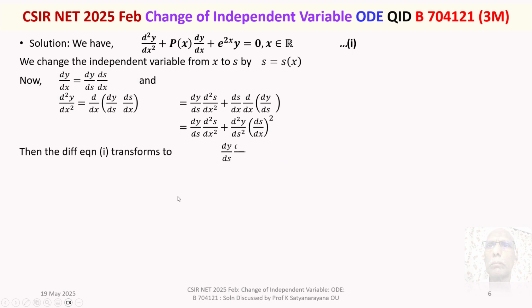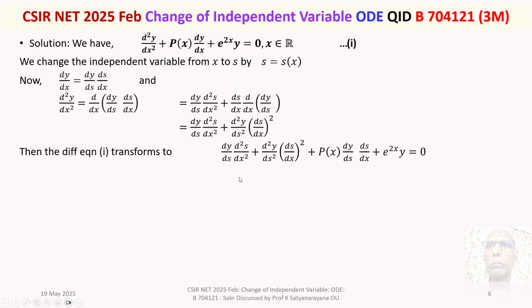Then in the place of d square y by dx square, write this. P of x into dy by dx is dy by ds into ds by dx, plus e to the power of 2x into y is equal to 0. Right.